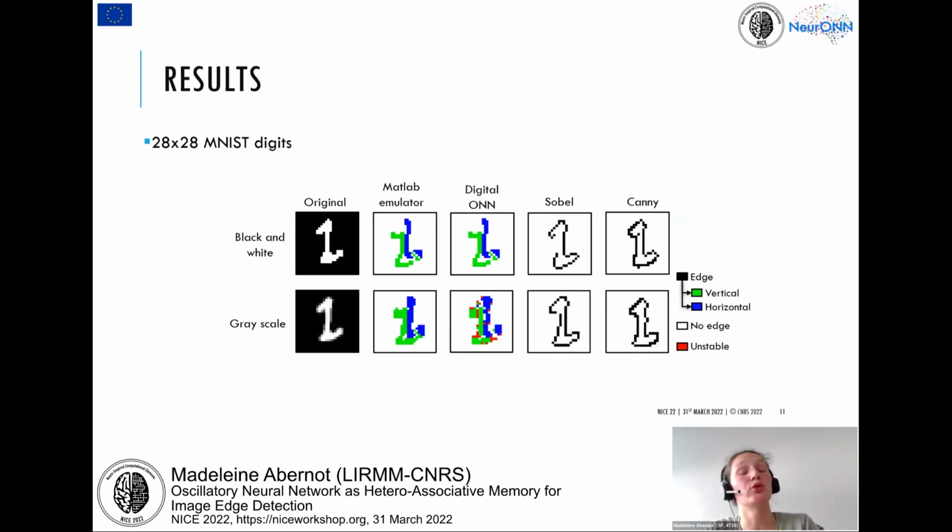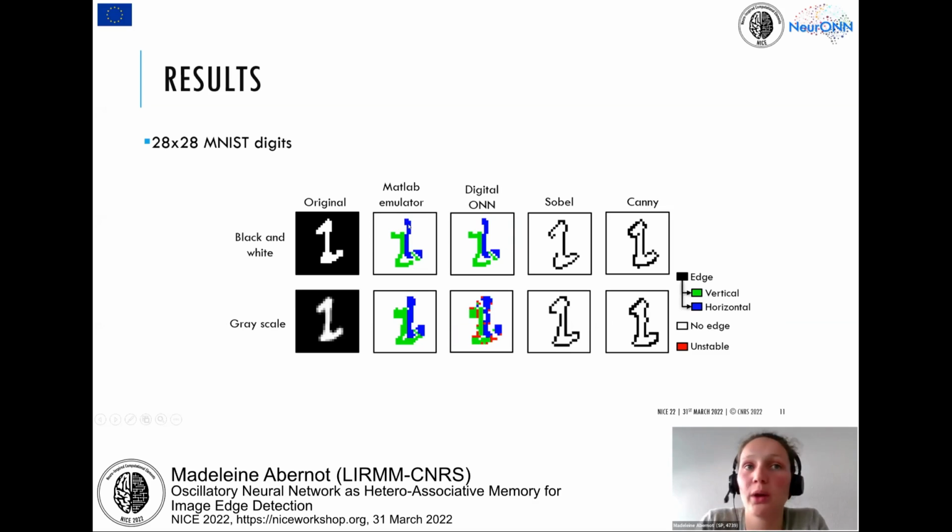Then we move to see how it behaves on more realistic images, so not only vertical and horizontal, but also diagonal and round shapes. We have tried using some MNIST images representing handwritten digits, first with black and white and then with grayscale images. We retrieve approximately the same behavior as before.